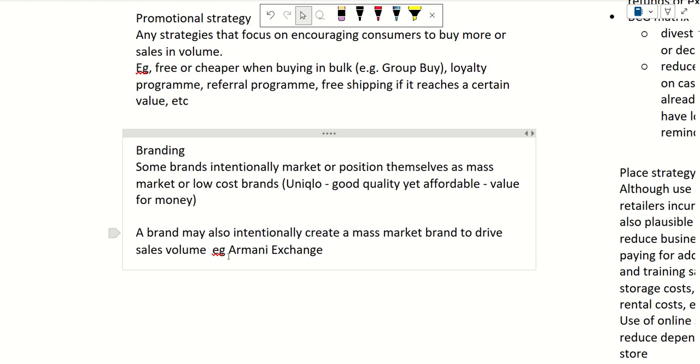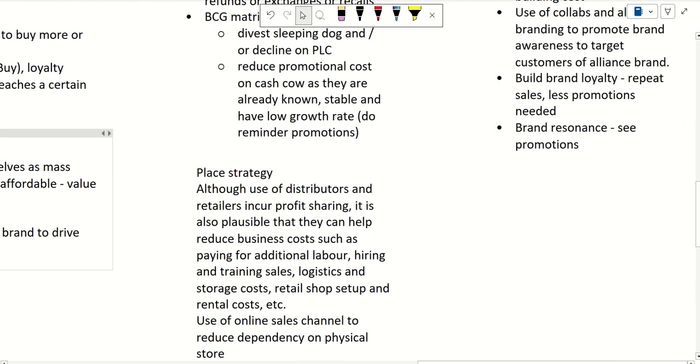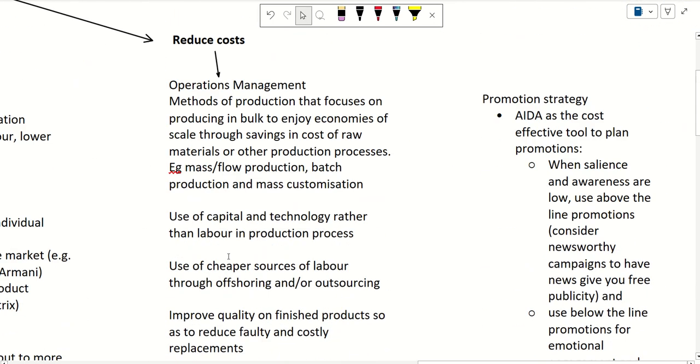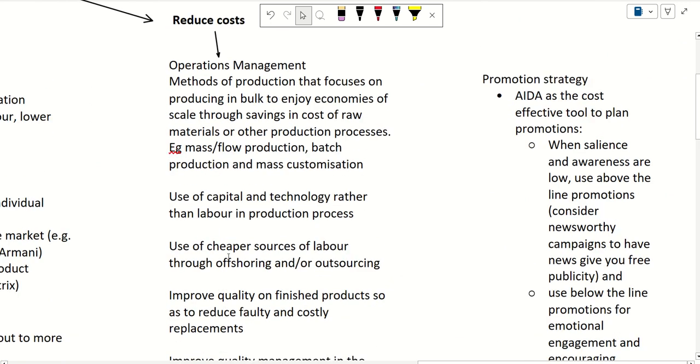A t-shirt could cost you maybe $800 to even $1,000, depending on what the t-shirt is. $800 for one t-shirt. Imagine how many t-shirts you could have bought in MGS. If each t-shirt in MGS is $10, you can buy 80 t-shirts and you can wear them for the rest of your life, until 96 years old, or 95, sorry. All right, next, reduce costs.